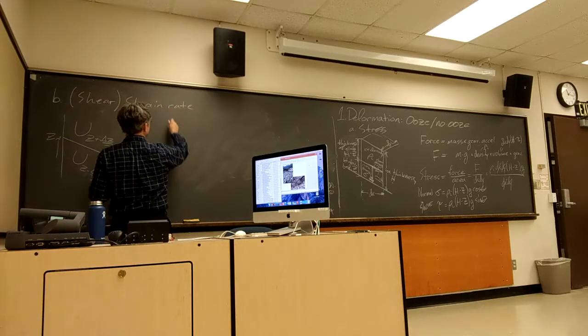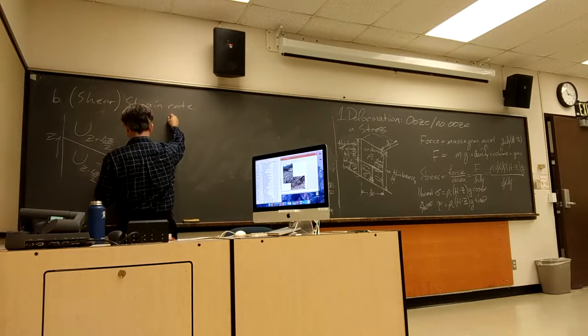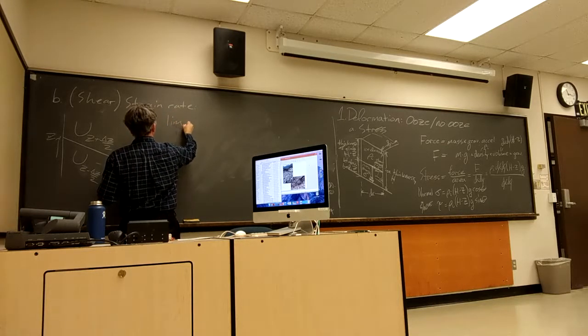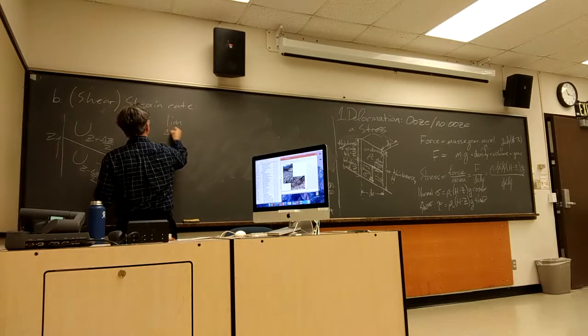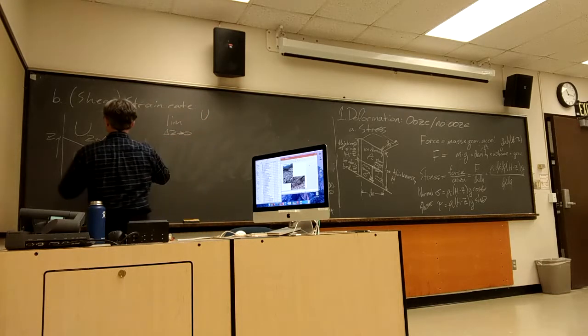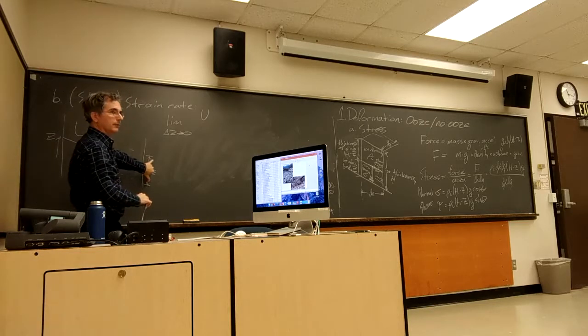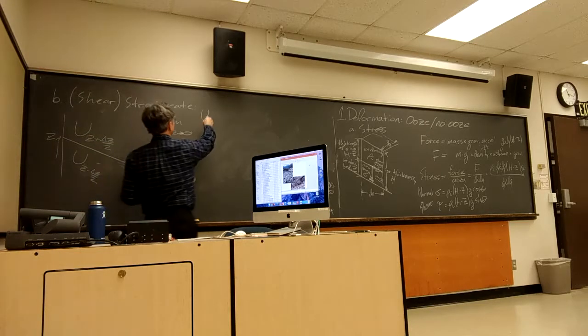In terms of the shear strain rate, just write it as the limit as delta z goes to 0 of the difference between this velocity and this velocity, divided by the difference in elevation.